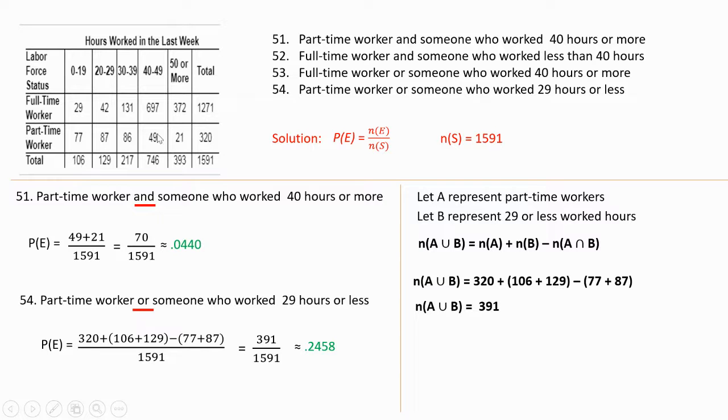So I'm going to add all these right here, which is 320, and then plus these two here. You get the same answer. Because these, they've already been counted right here. So the answer will be 29 plus 42 plus 320. That will be the answer also. Okay, so there's different ways to get the answer, but this is helpful to do it with a formula.